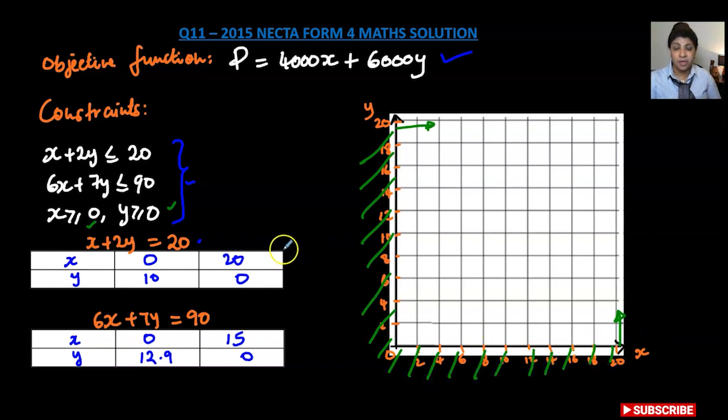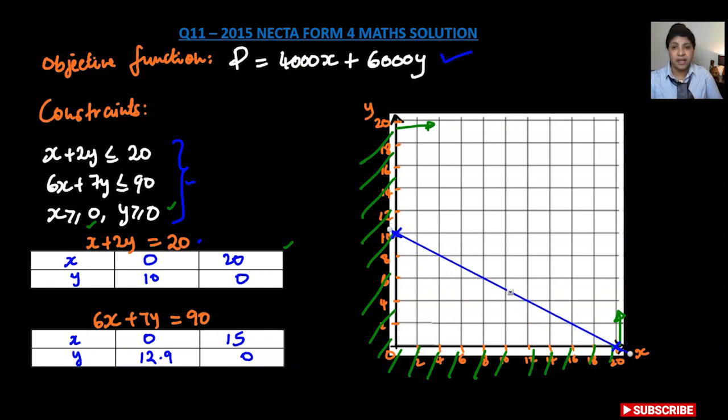So the next thing we're going to draw is this line here. I have 2 points. Our first point is 0, 10. So x is 0 is only the y-axis. I go up here and make a point. And then when x is 20, y is 0 is this point right here. Now you get a ruler and a pencil and you draw your line. Just draw a nice line.